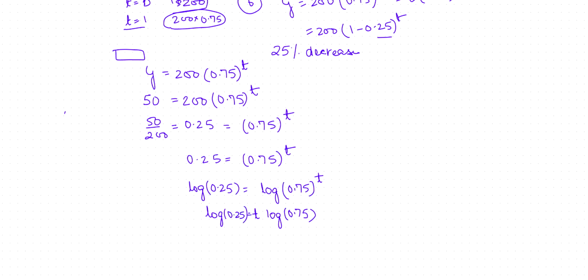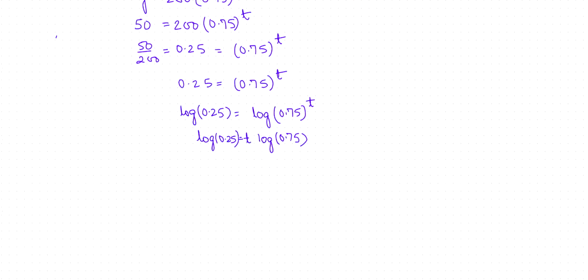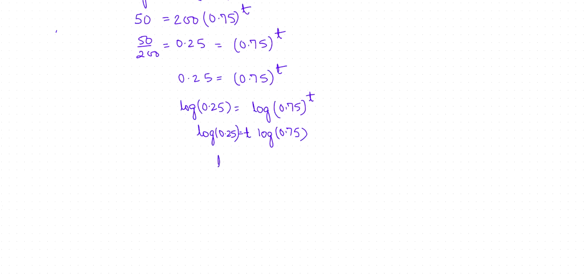Okay, so t will be, now we can directly put the values in the calculator. So this will be log of 0.25 over log of 0.75. This gives approximately 4.81.